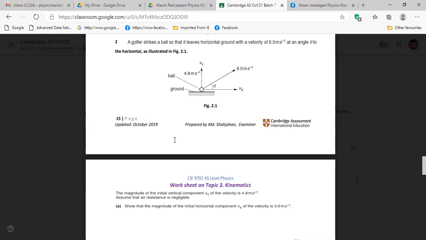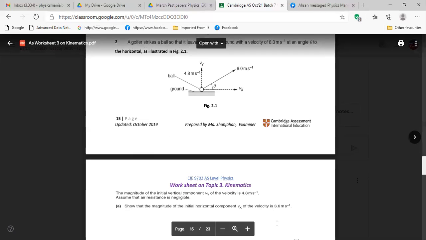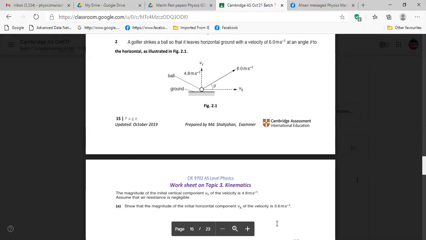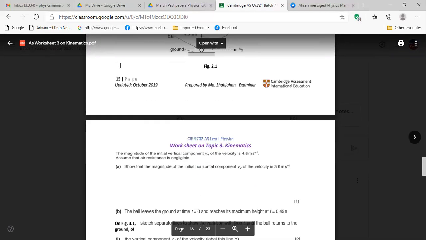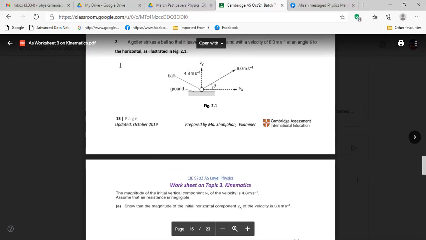Question 2: a golfer strikes a ball so that it leaves horizontal ground with a velocity of 6.0 meter per second at an angle theta to the horizontal as illustrated in figure 2.1. The magnitude of the initial vertical component Vy of the velocity is 4.8 meter per second. Assume that air resistance is negligible. So that the magnitude of the initial horizontal component Vx of the velocity is 3.6 meter per second.